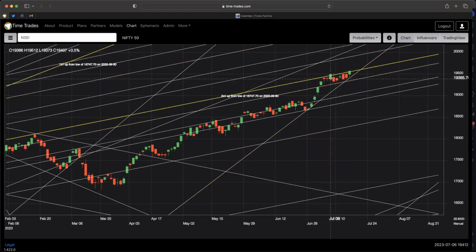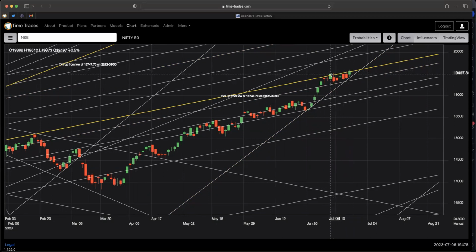I mentioned last week that any sort of opportunity to purchase in this margin between these two fans would be a good one. We got some red candles, but they weren't very big. They didn't generate any bearish momentum. We got a close above the upper Gann Fan here.